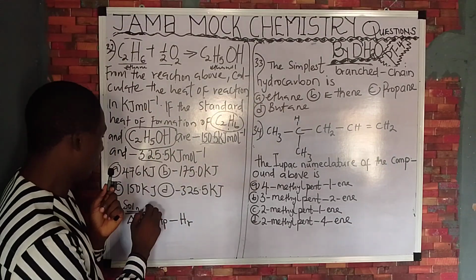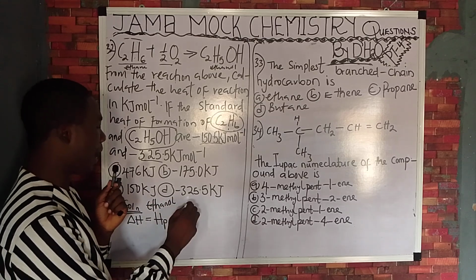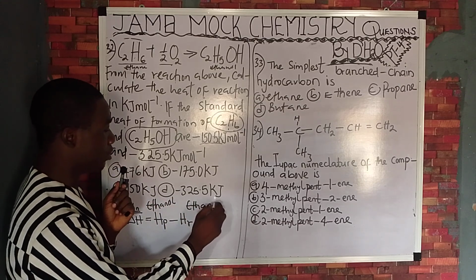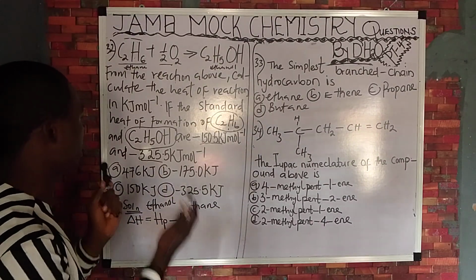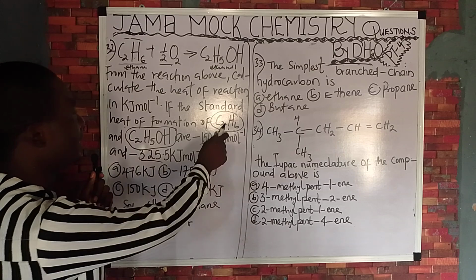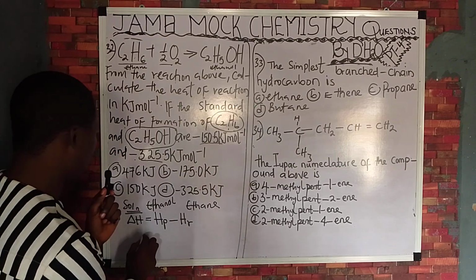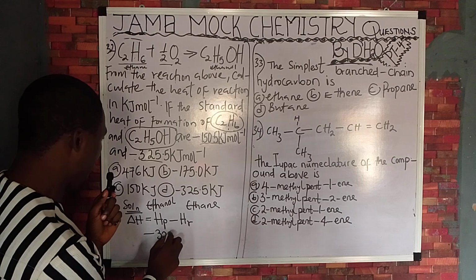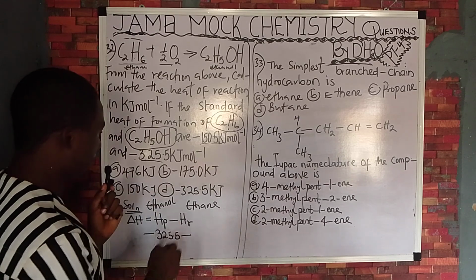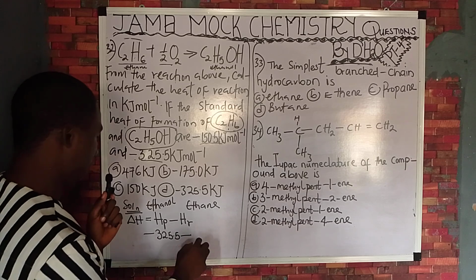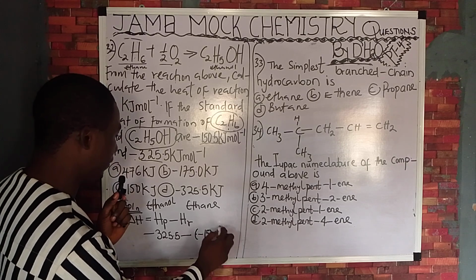So from the equation above, your ethanol is your product, while your ethane is your reactant. So what is the heat of formation for ethanol? Remember they said ethane and ethanol are these. So ethanol is minus 325.5. Then minus your ethane, which is minus 150.5.